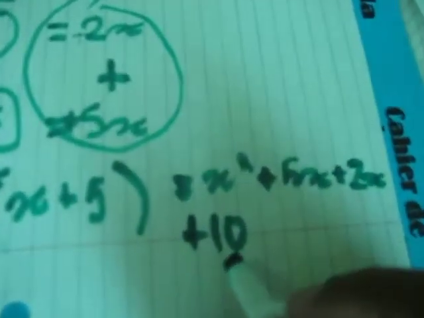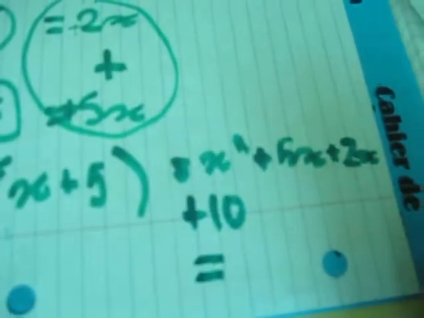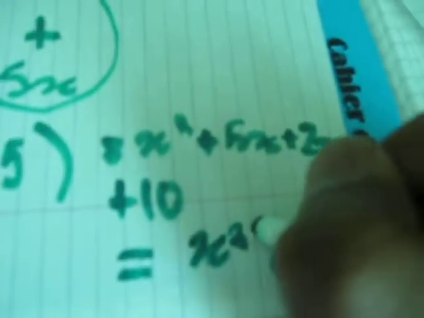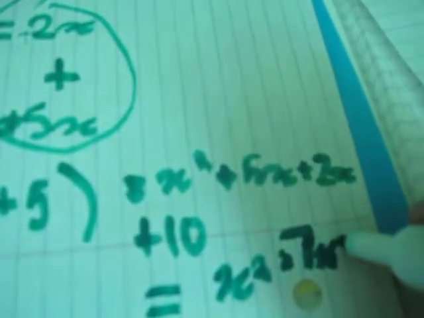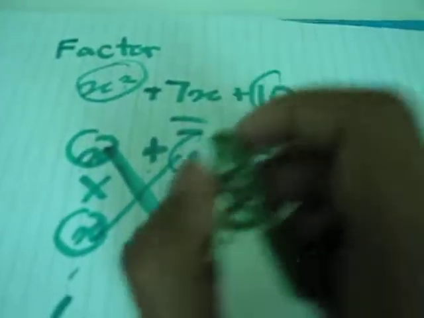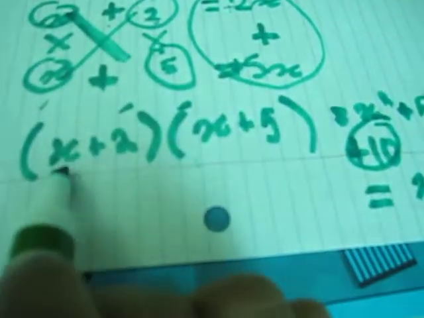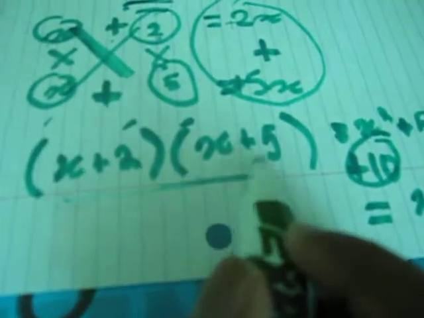And then from this we can see it equals x squared plus 7x plus 10. And that is our original question. So therefore, we know that this factorization is correct: x plus 2, x plus 5.